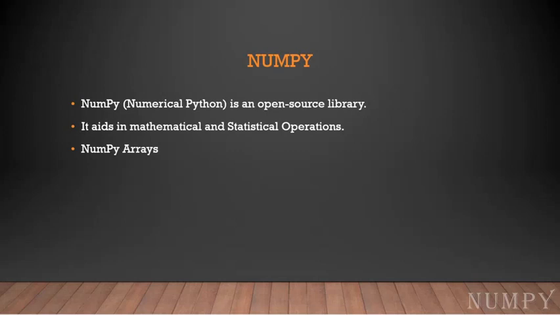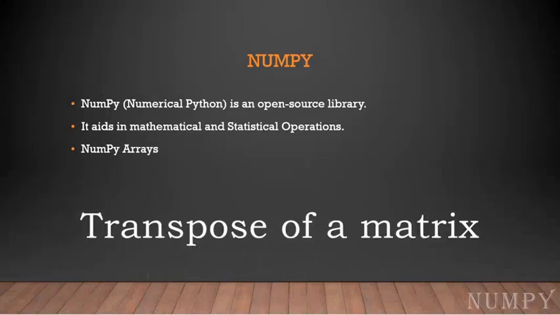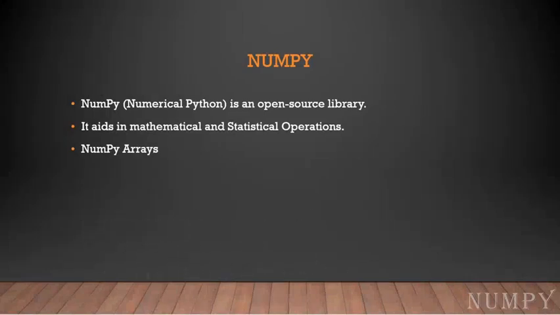With respect to shape, you can change a shape. Basically you can use this to return a tuple of an array's dimensions, and you can also do reshape. It is used for reshaping. Maybe you want a two-dimensional array converted into a three-dimensional array, even that can be done. Or if you're familiar with matrices, you may want to take a transpose of a matrix, and at that time you can use the reshape function.